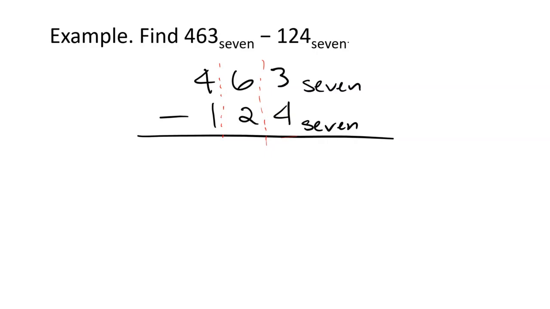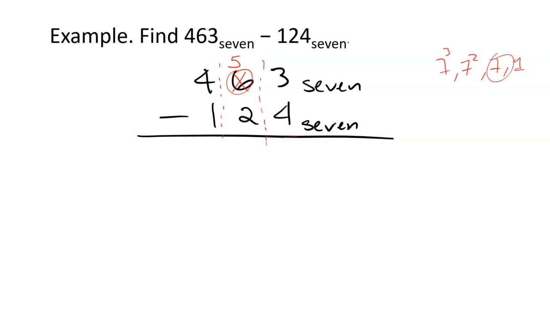I have 3 minus 4. So what we do is we borrow from the next place value. This 5, we borrow 1, so it reduces by 1 unit and becomes a 5. But because it's on the place of the 7s, remember that the place values were 1, 7, 7 squared, 7 to the power 3.